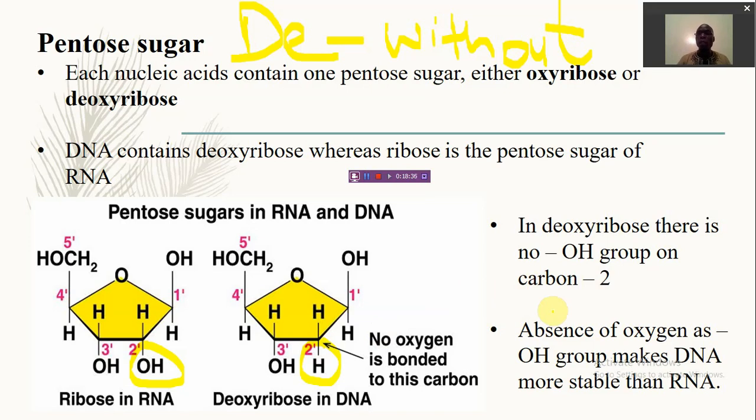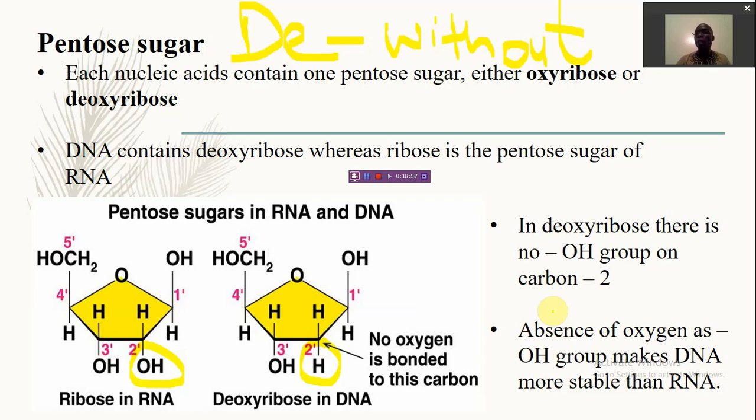Thank you for watching this clip. We have basically looked at what nucleic acids are and the basic structure of nucleic acids. There are 3 basic components: a nitrogenous base, a pentose sugar, and a phosphate ion.